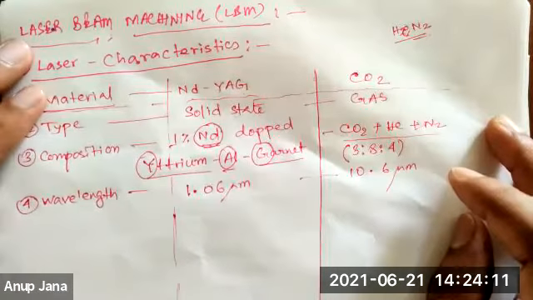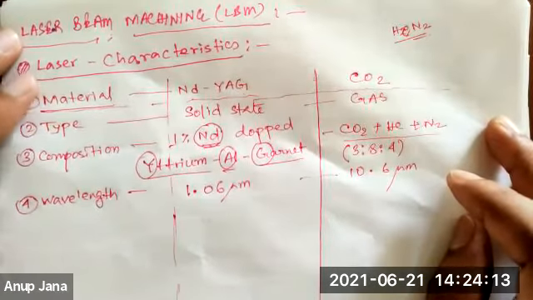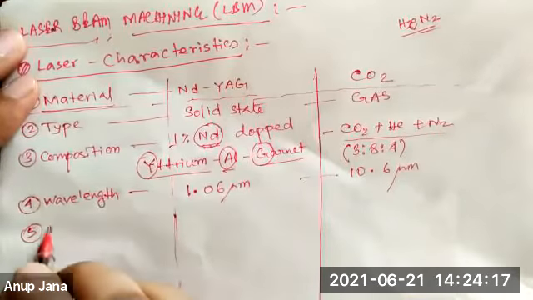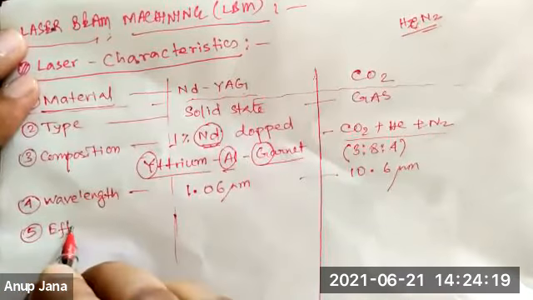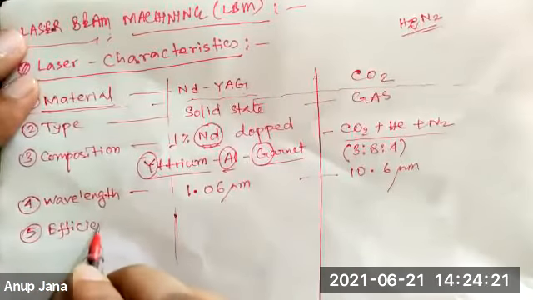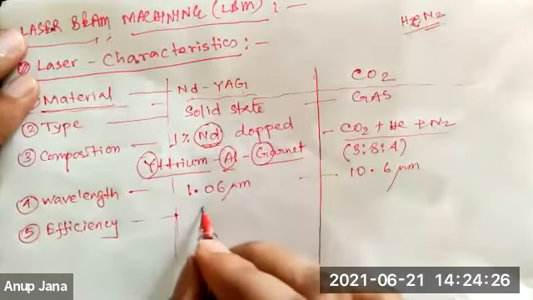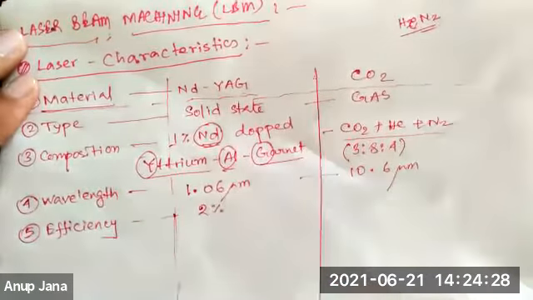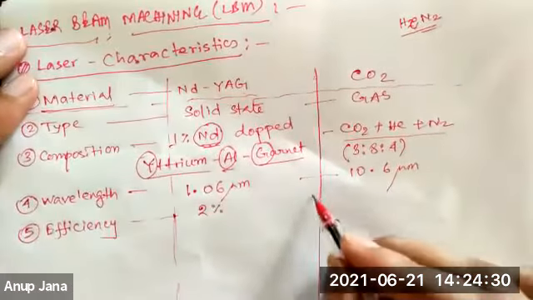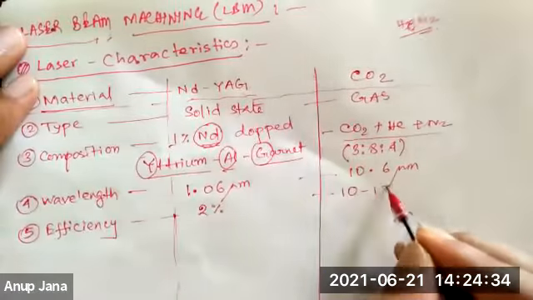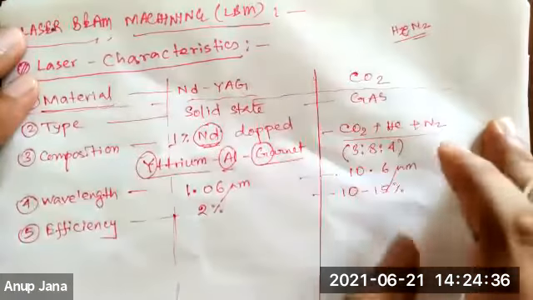Now next is efficiency. Efficiency of ND-YAG is somewhere around 2%, whereas CO2 laser efficiency will be somewhere between 10 to 15%.